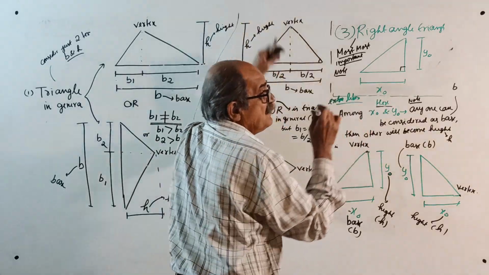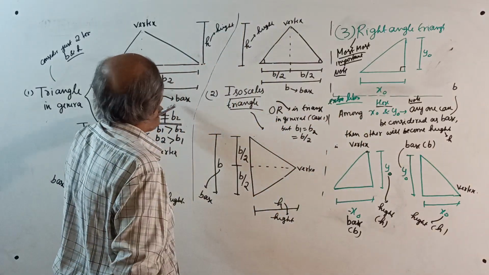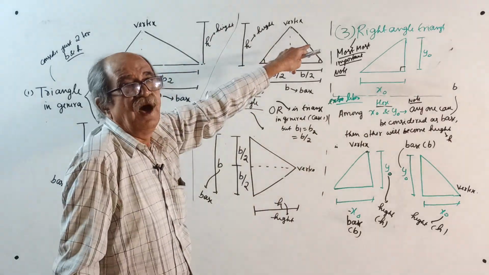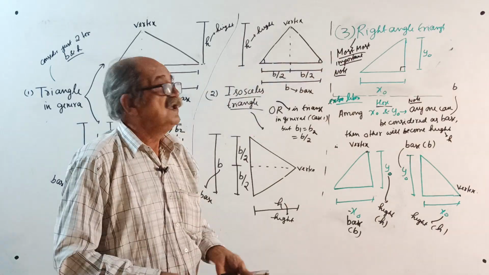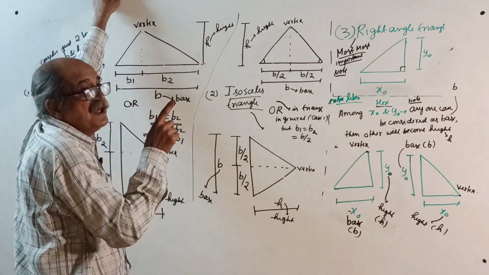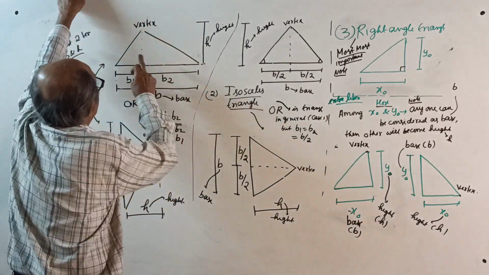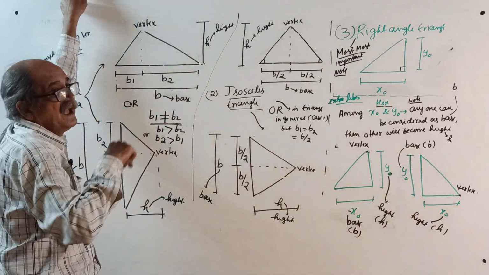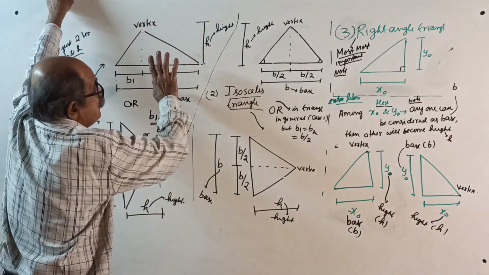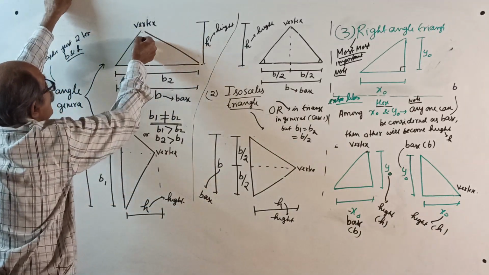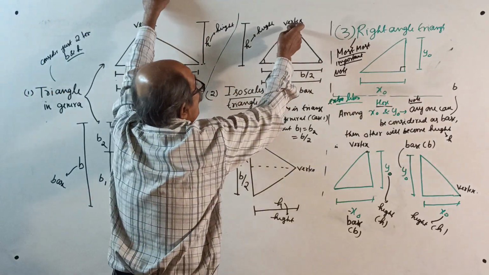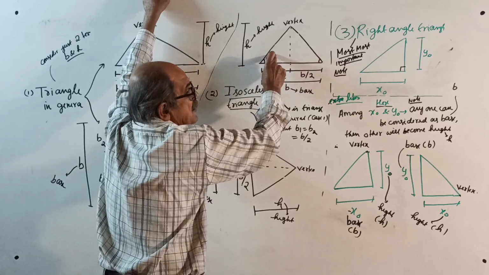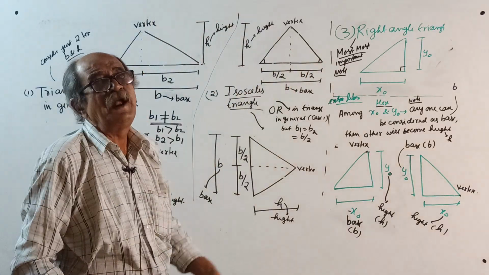is not there for a triangle in general and also for an isosceles triangle. Of course, for that one, it will come only if you divide this triangle into two triangles. Suppose for some reason you draw a vertical line and separate the two triangles, then it will become two right angle triangles.